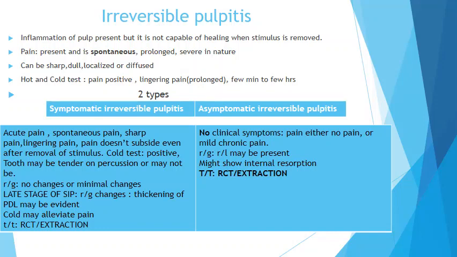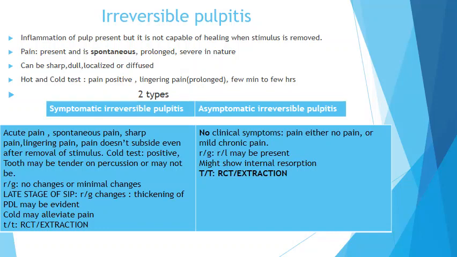Now, irreversible pulpitis is of two types: symptomatic irreversible pulpitis and asymptomatic irreversible pulpitis. We will discuss these one by one. In case of symptomatic irreversible pulpitis, as the name indicates, there will be some symptoms.